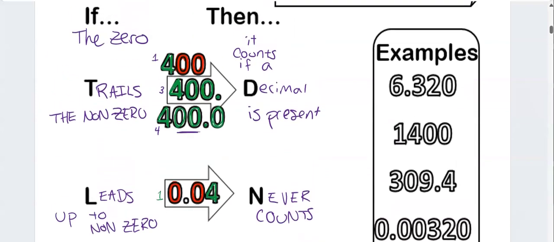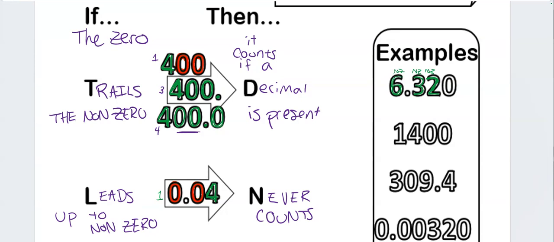When you're looking at an example, the main thing you want to focus on is zeros. Looking at this first example, I see a 6. I see a 3. I see a 2. Those are non-zero, so they have to count. So non-zero, non-zero, non-zero. Looking at the last thing, which is a 0, I need to decide what kind of 0 it is.